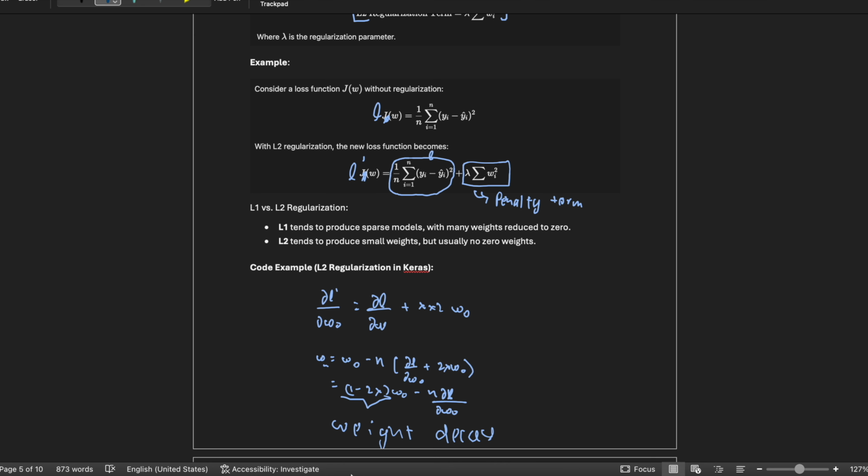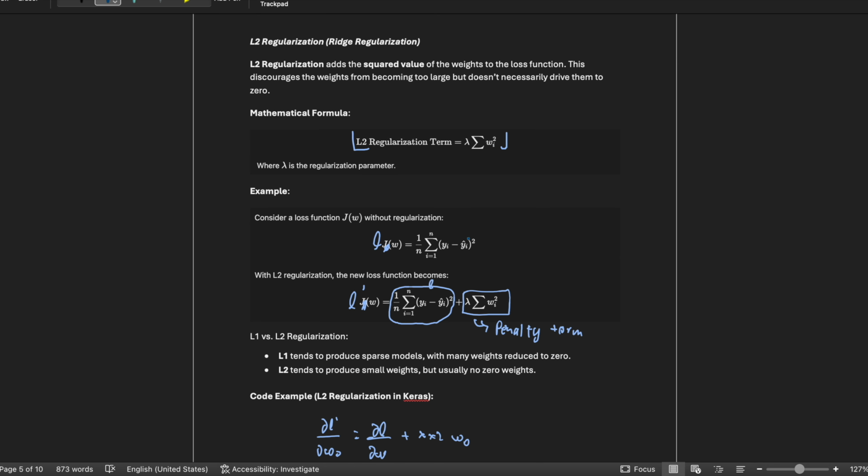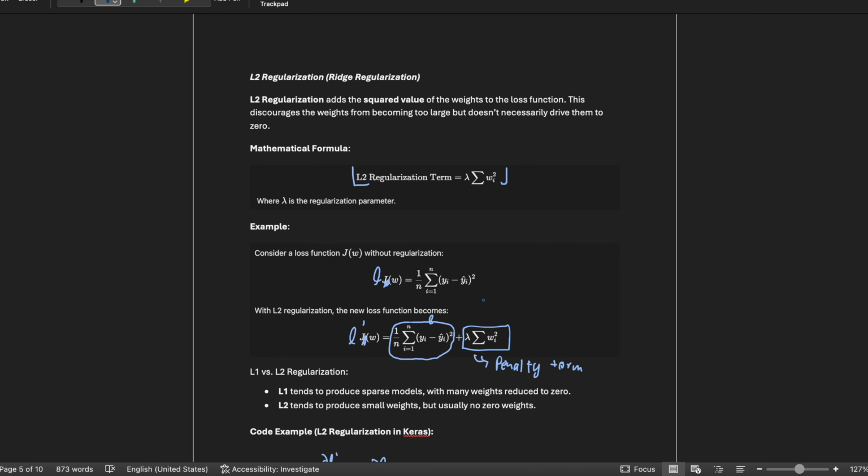I will just check once whether there is any error in the formula. But the idea is that in the loss function we add a penalty term, which is our regularization term.